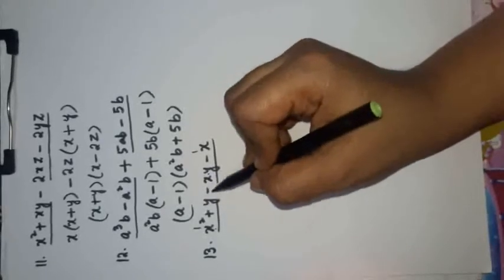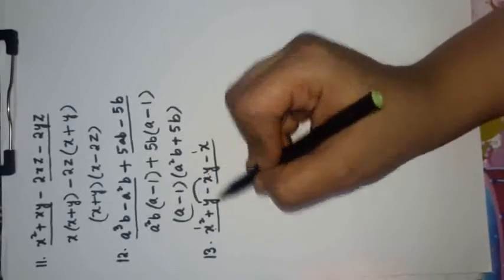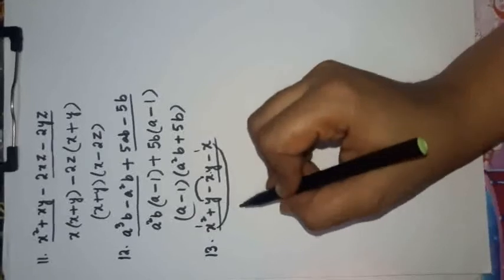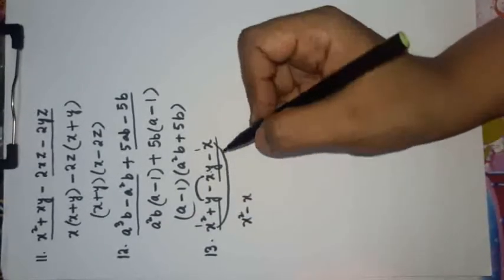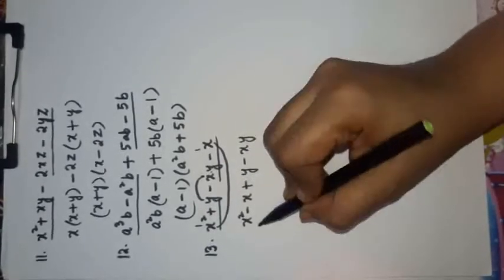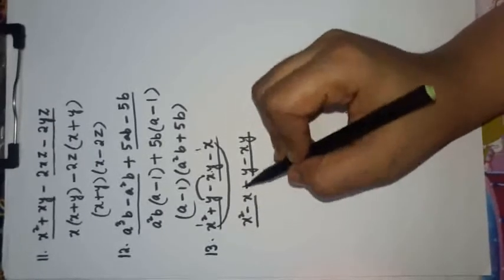So wherever y is there, second and third term you can take common. This second and third, and this first and last term you can take together. So x square minus x you can just write like this, then plus y minus xy. In this way you're grouping, because y and y, x and x, in this way you have to see.